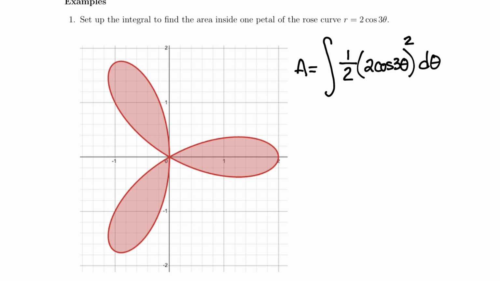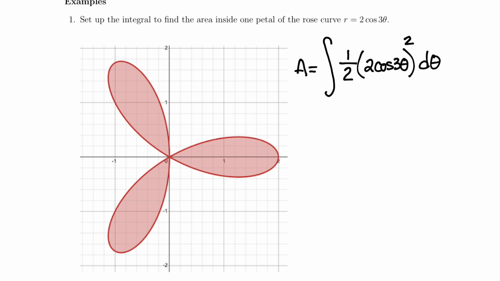I bet you any money, because of symmetry, if I go from negative pi over 6 to plus pi over 6, it'll give me one of the petals. I bet you if I go from pi over 6 to pi over 2, check that, it'll give me another petal.